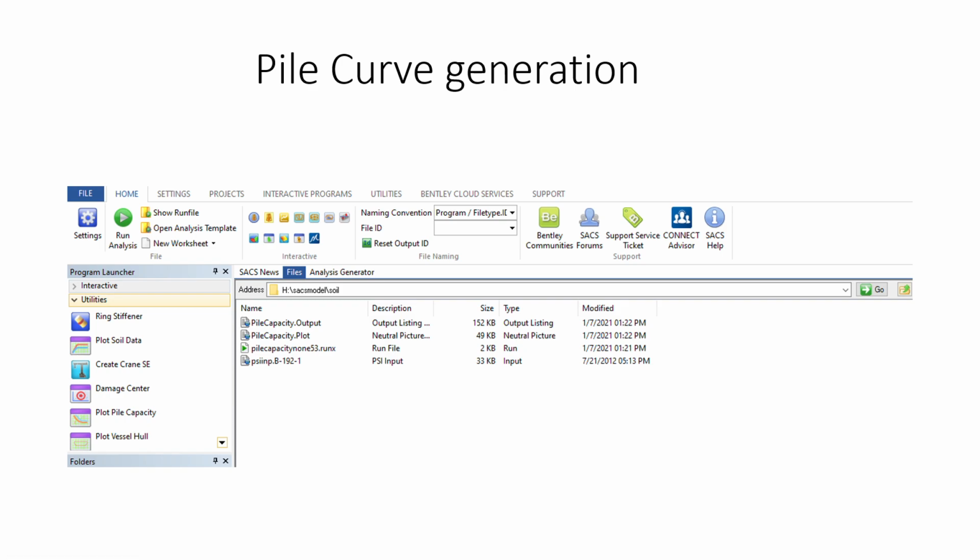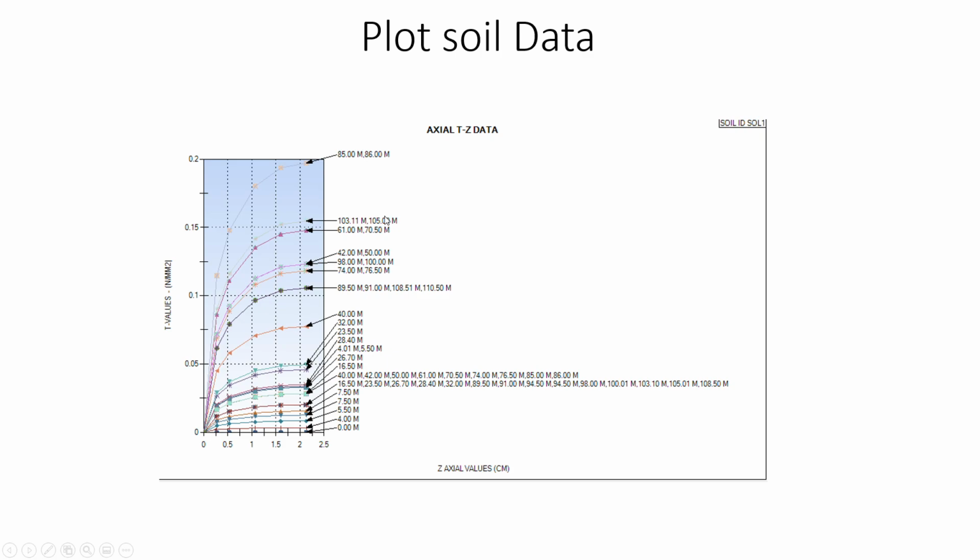Now we have to check whether the curve we entered generates the pile capacity. That curve, for tension and compression, should match the curve we get from the geotechnical report. If you see here, this is the curve.